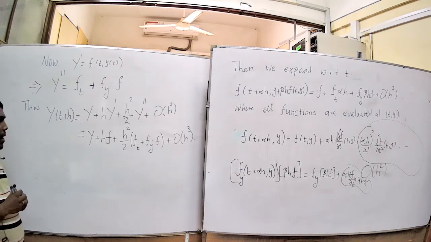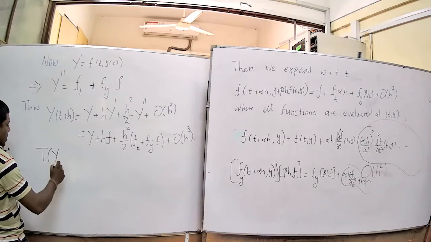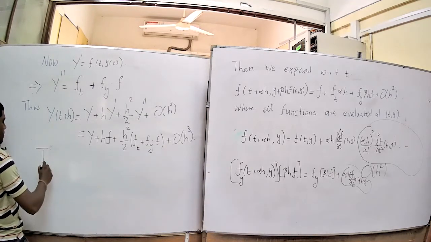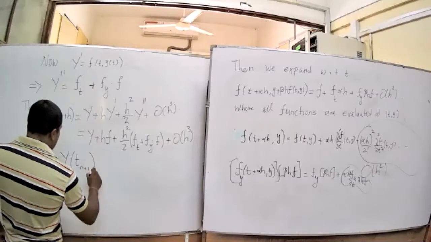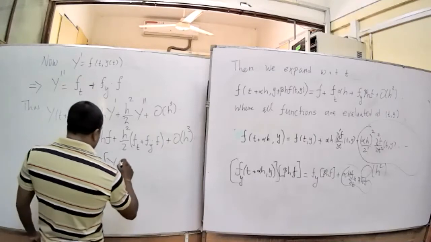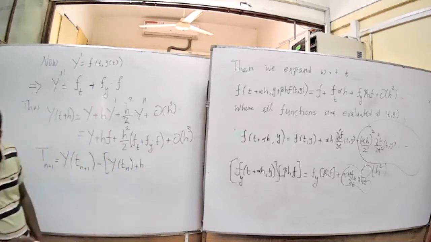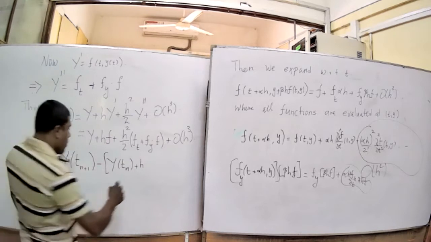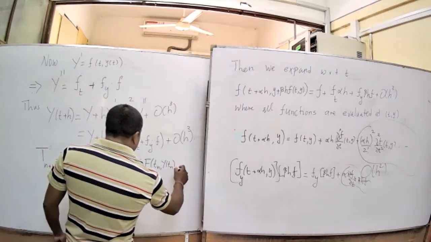So now you can understand why I am doing all these things. If you look at the truncation error formula, there is already an h in front of capital F. So let me write down the truncation error formula. This is what we did: capital Y of tn plus 1 minus capital Y of tn plus h times capital F of tn comma capital Y of tn with h.